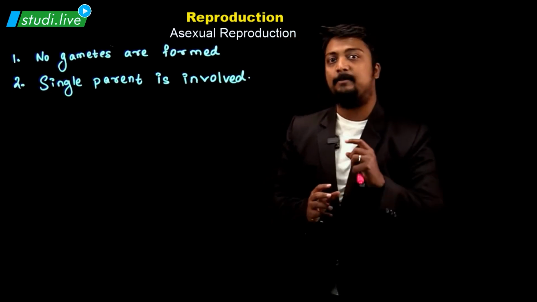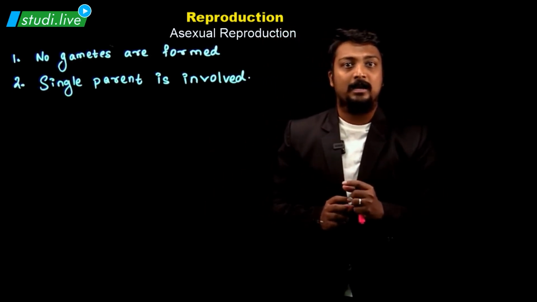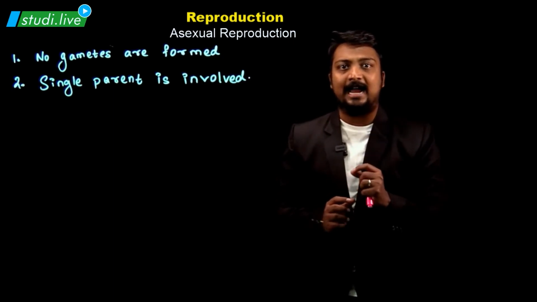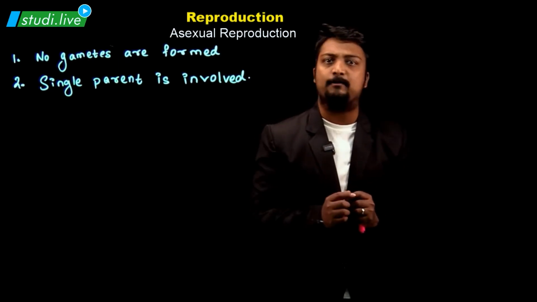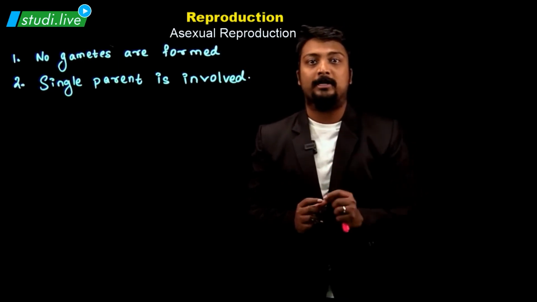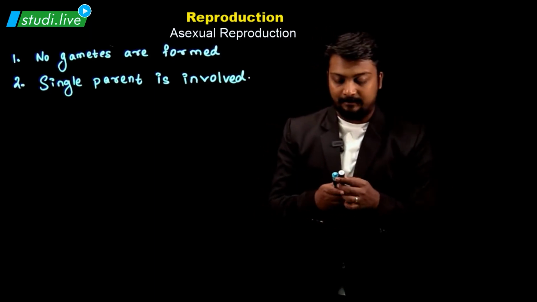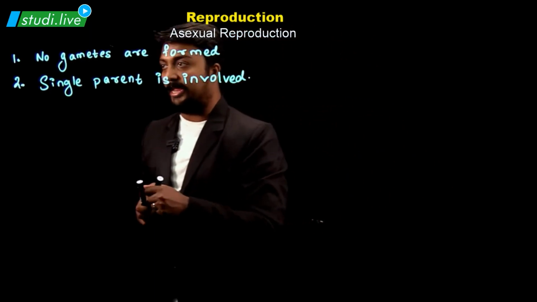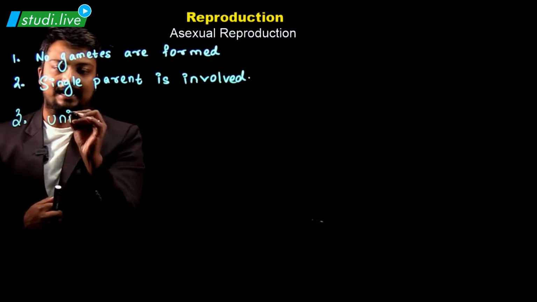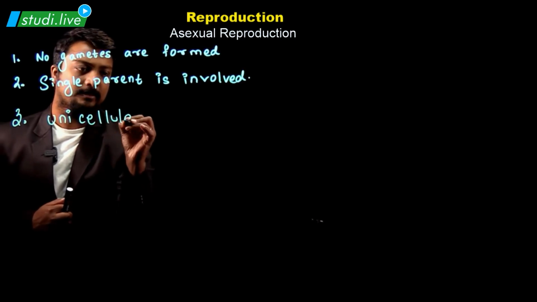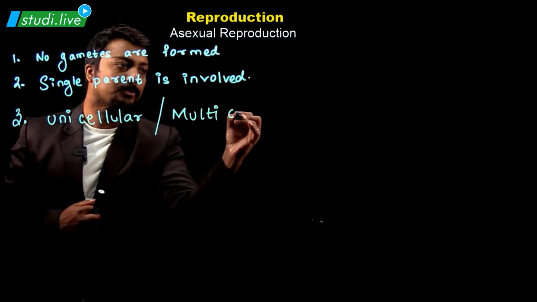Now when I say a single parent is involved and no gametes are formed, do I mean I am only talking about unicellular, that is single celled, organisms? No. I am also talking about certain multicellular organisms. That means asexual reproduction can occur in unicellular, that is single celled, as well as multicellular organisms.